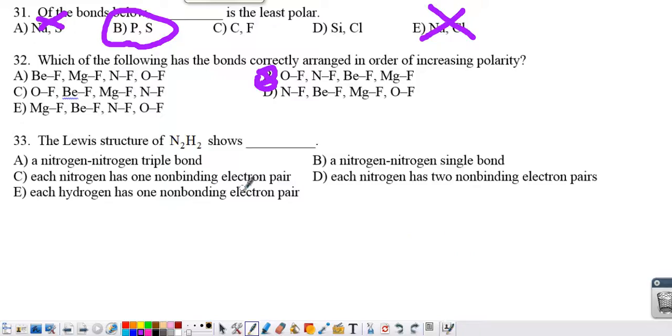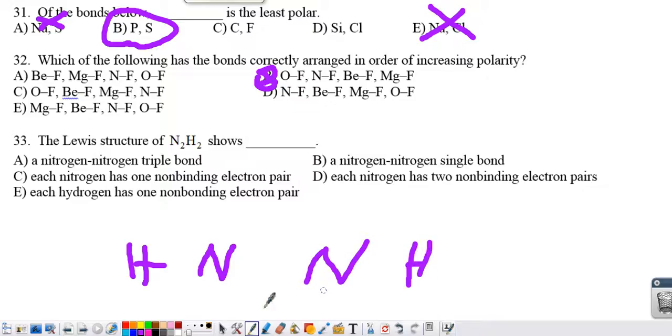The Lewis dot structure for N2H2. Let's draw N, H, H. 1, 2, 3, 4, 5. 1, 2, 3, 4, 5.